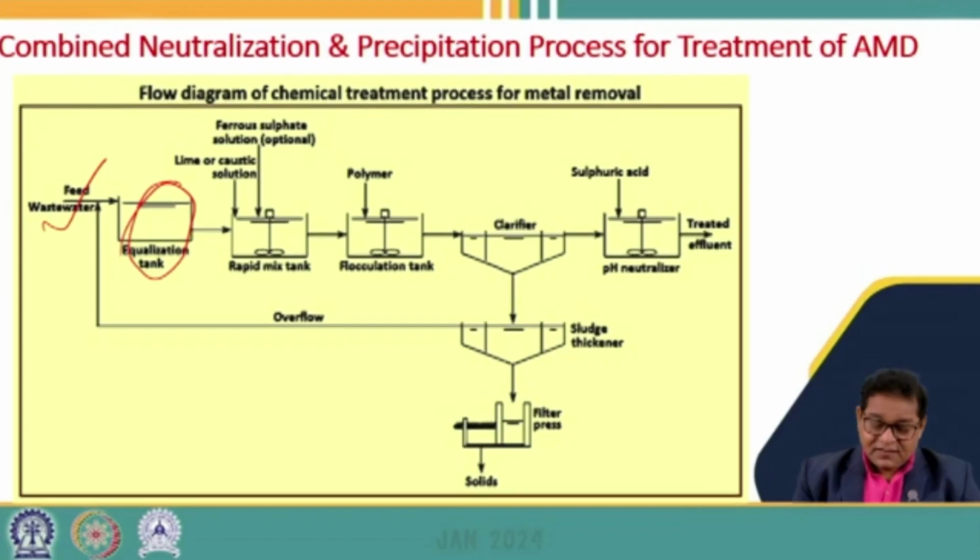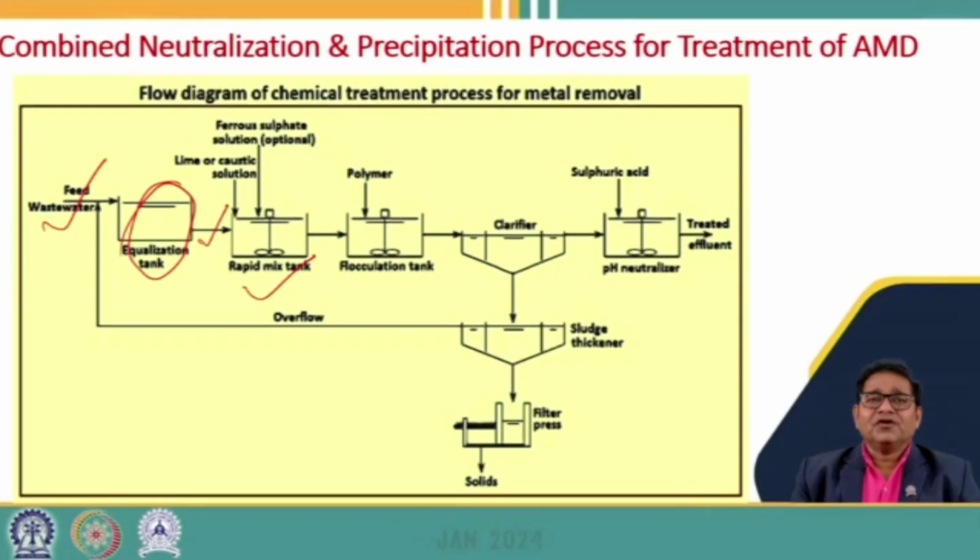Then this equalized flow is sent to the rapid mixing tank, where this water is mixed with the various reagents, the coagulants which are used for neutralization of the acid mine drainage.